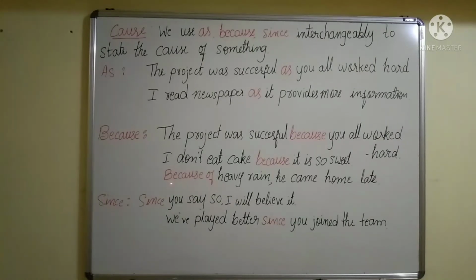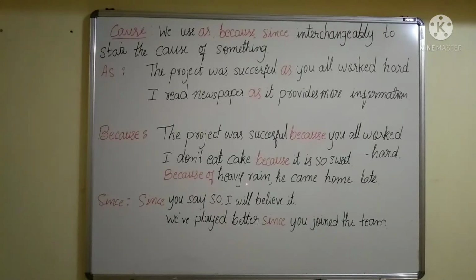Next, the third sentence: "Because of heavy rain." See, this sentence starts with a subordinating conjunction. If you read the sentence up to this, does it make any sense? Because of heavy rain.